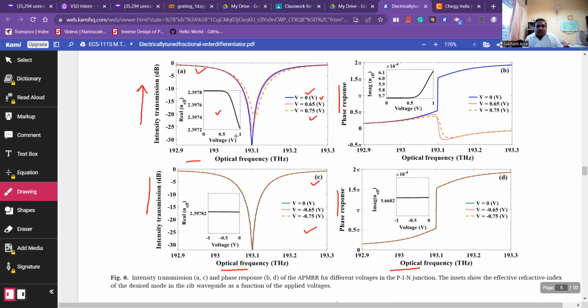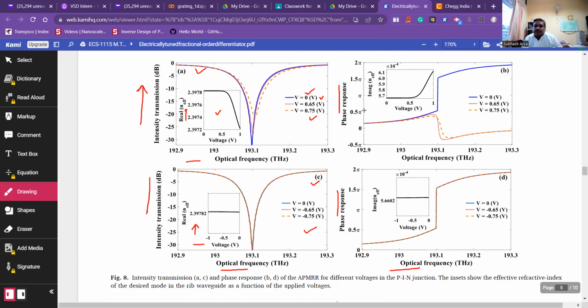This is voltage versus effective refractive index. Here for negative voltage it is constant. However, for positive voltage, there is a drastic decrease in the value of effective refractive index. Similarly, same thing goes here, phase response.